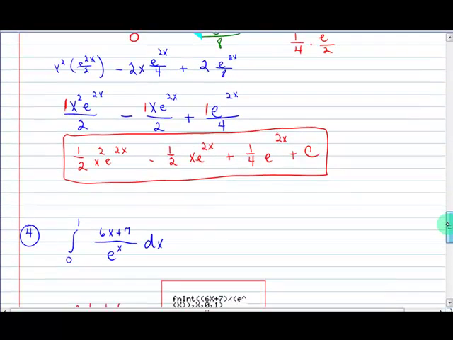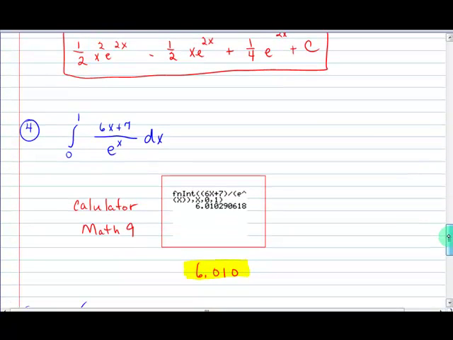Okay. So number 4, you can actually do number 4 on your calculator, and I'm showing you that approach to it. Anytime you have a definite integral, you can do it on your calculator, and it's math and then choose 9. So that gives you fn int, so that's a definite integral.